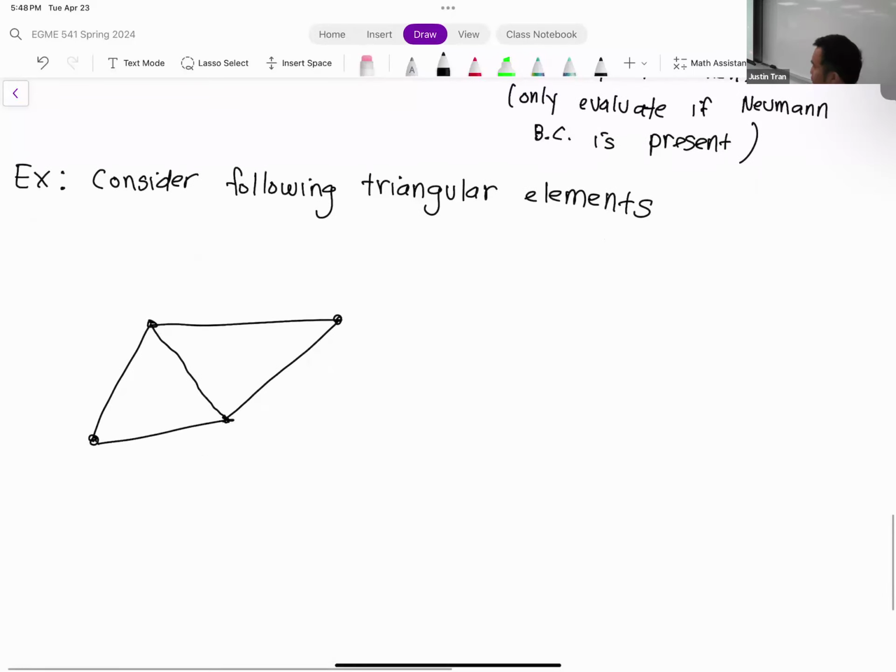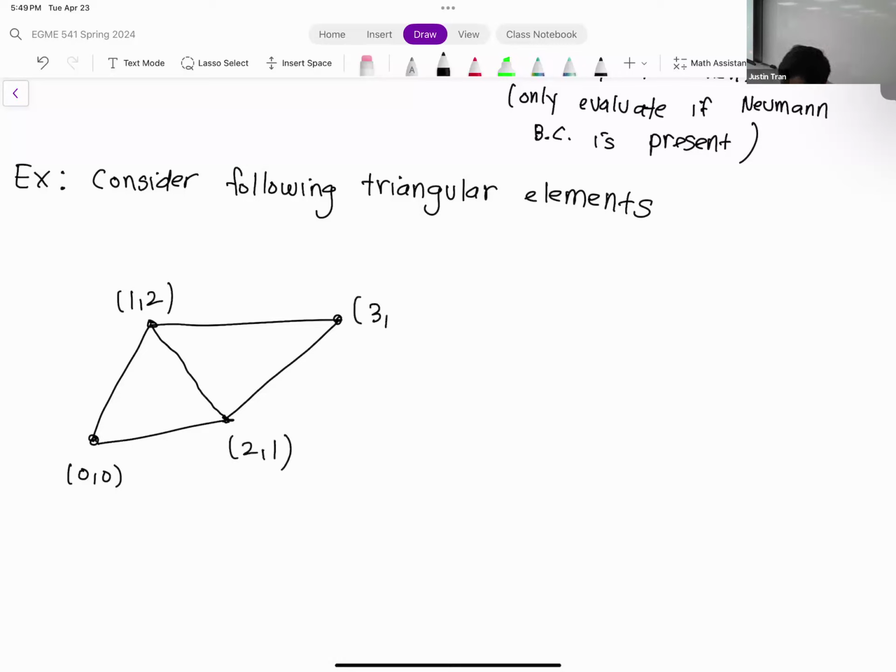Basically, what we have here is a quadrilateral that we've split into 2 triangles. Any kind of square or rectangle, if you draw a line across the diagonal, you get 2 triangles. We have coordinates for all of these nodes. The coordinate at the bottom left will be 0, 0. This one will be 1, 2. This one will be 2, 1.